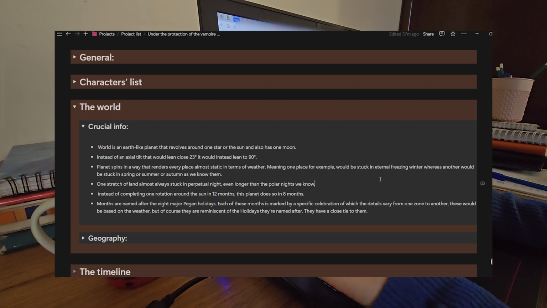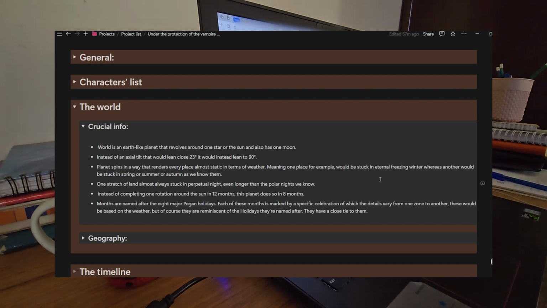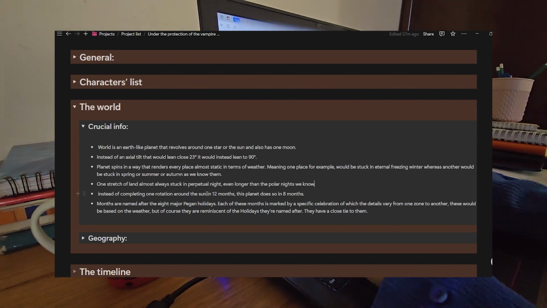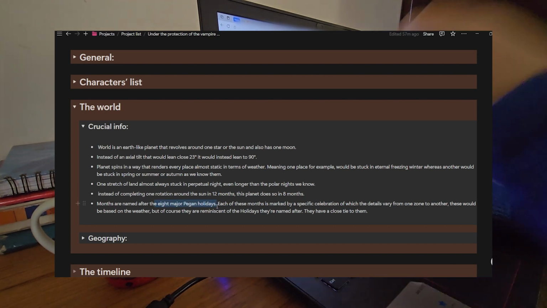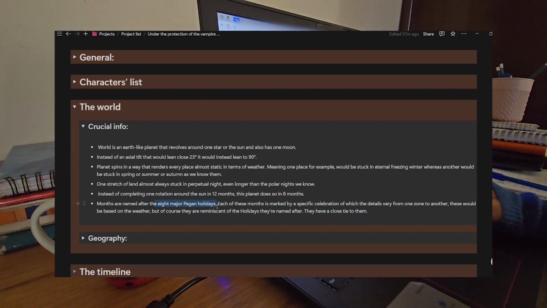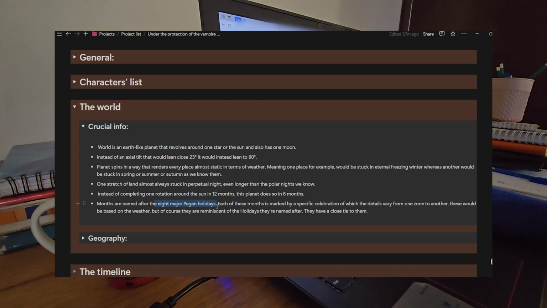The orbit also influences the number of days in a year, so instead of completing one rotation around the sun in 12 months, this planet does so in 8 months, and I've named the months after the 8 major pagan holidays. Each of these months is marked by a specific celebration, of which the details vary from one zone to another. These would be based on the weather, but of course they are reminiscent of the holidays they're named after. They have close ties to them.